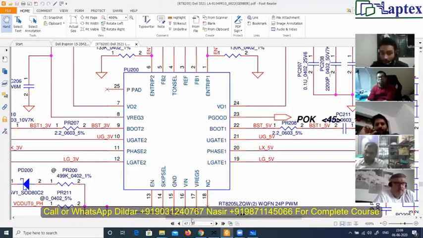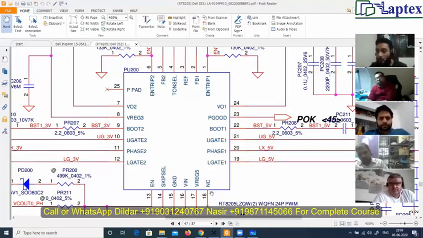See here, in this 18 number pin, it is no connect. If it is RT8205A or C, you will get here a V clock signal. That will be responsible for generating the 14 volt that is used in the run section in the S0 state. It is not used here.